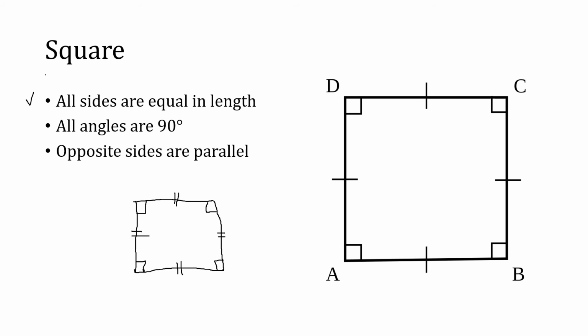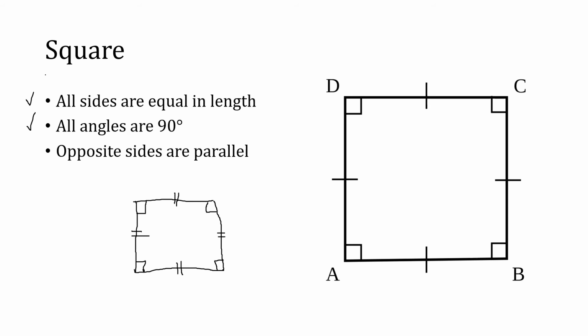But if you're careful with it, then it'll look fairly similar to this guy over here. So all sides are equal in length, we already took care of that. All angles are 90 degrees, we've just taken care of that by marking in the little squares to indicate that even if it doesn't look like it's 90 degrees, I meant for it to be 90 degrees. So that point is taken care of as well.